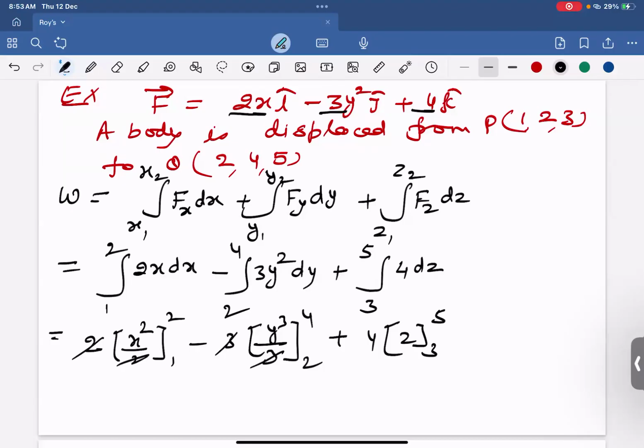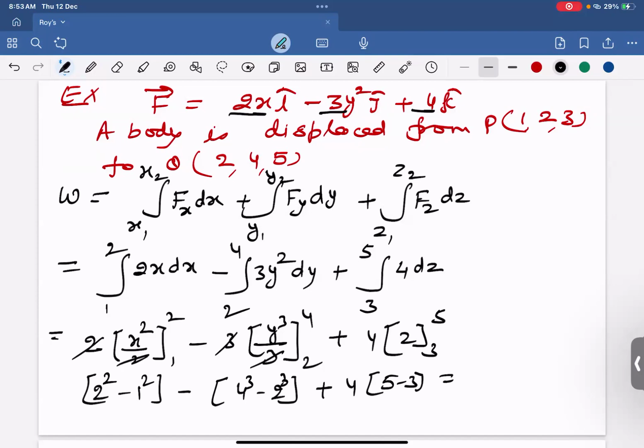So x square means here I am getting 2 square minus 1 square. Then y cube, this means 4 cube minus 2 cube. And here z only, that is 5 minus 3.